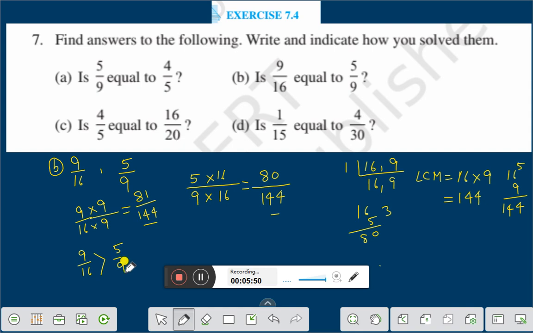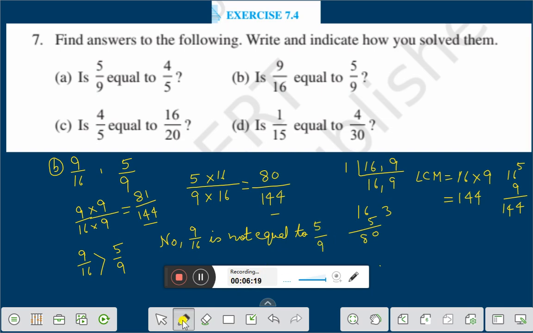Is 9 by 16 equal to 5 by 9? The answer is no. 9 by 16 is not equal to 5 by 9.